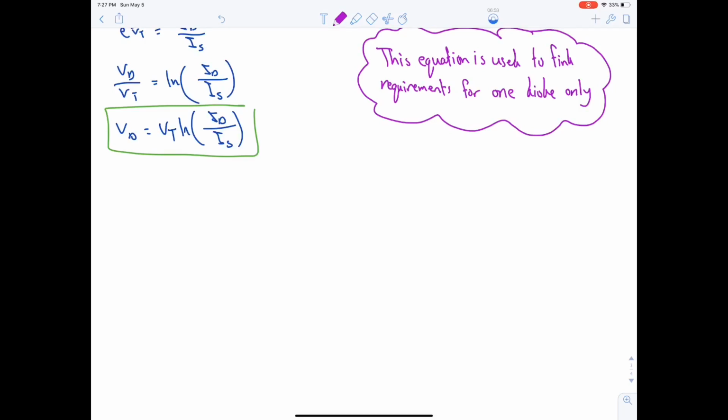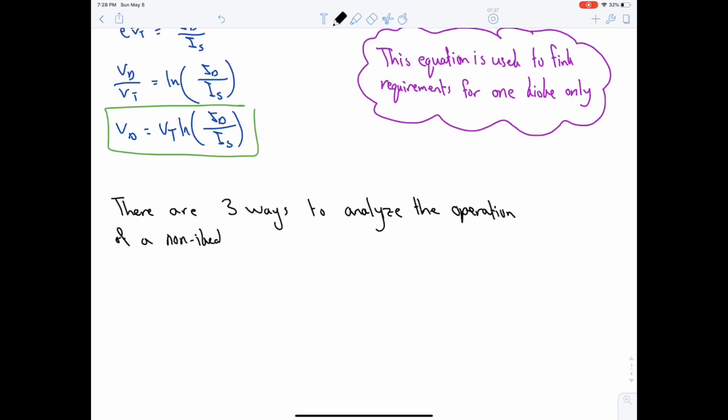So here we're saying that there are three ways to analyze the operation of a non-ideal diode in its forward bias region.